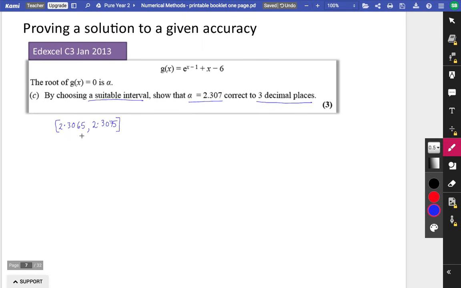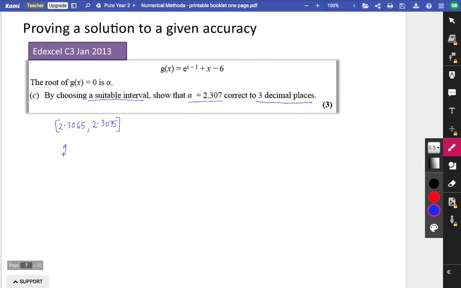So if we can substitute these into our g function that we've got here, and if we can show that there is a change in sign, then the root must be between these two values. And if the root is between these two values, then that must mean that the root, when it rounds to 3 decimal places, is 2.307.